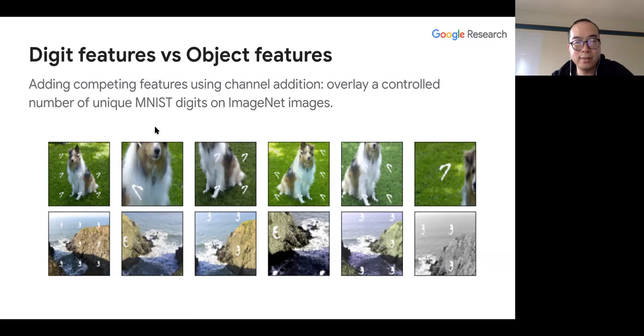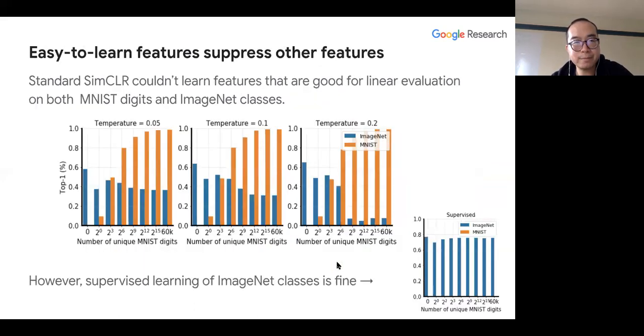And as you can see, the random crops in the columns other than the leftmost always contain some kind of digit there. So what we find is that when you increase the number of unique MNIST digits, as you can see on the x-axis, the performance of linear eval on the MNIST digits increases, which is not a big surprise.